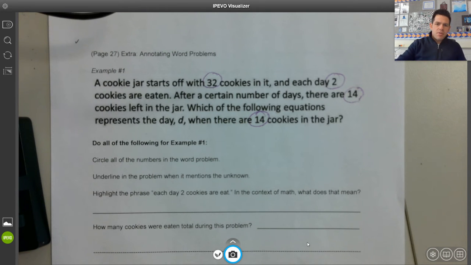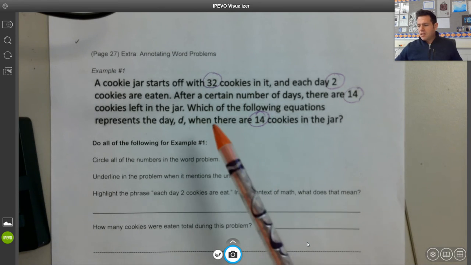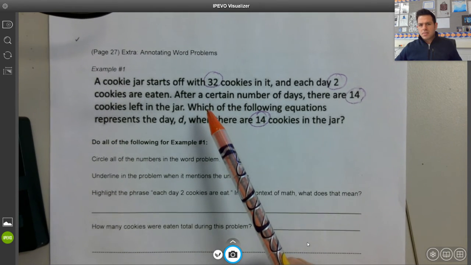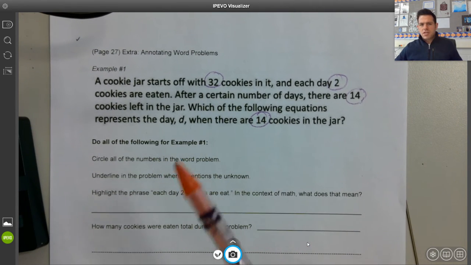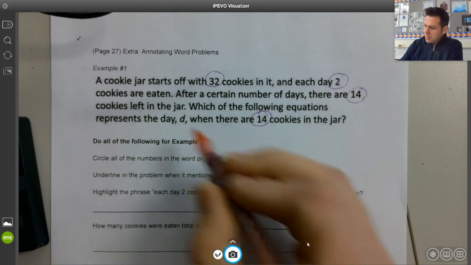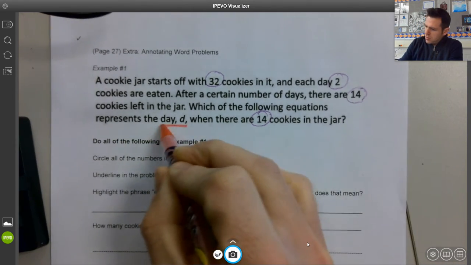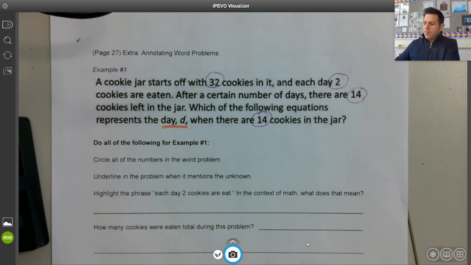It says underline in the problem when it mentions the unknown. All right, so we're trying to figure out where the variable is. If it does give us the variable in the problem, and it does at the end in the question sentence, which of the following equations represents the day D when there are 14 cookies in the jar?